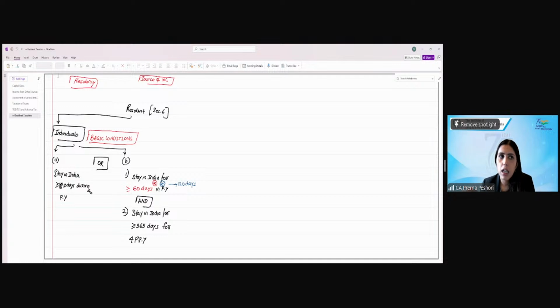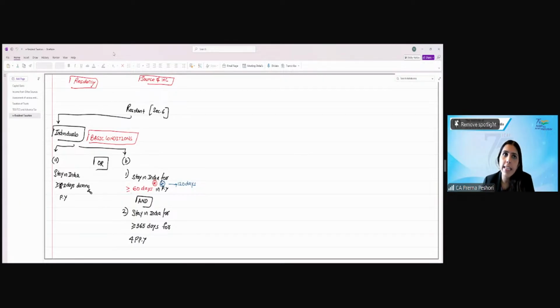Now, what is the importance of determining whether you are a resident or a non-resident? Why is it important to determine this as a first step before you even get into the Income Tax Act? Because based on the residential status only, the income is taxed.